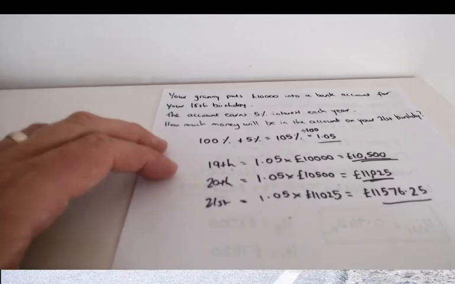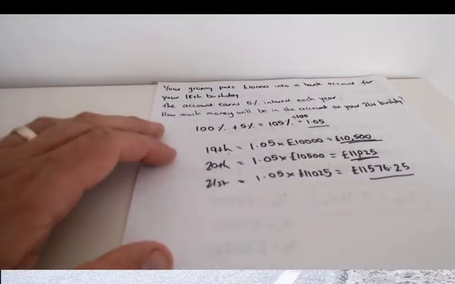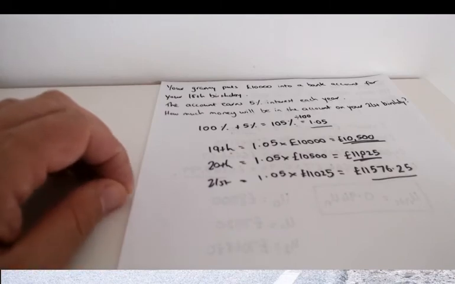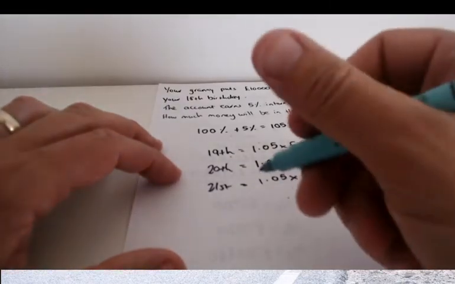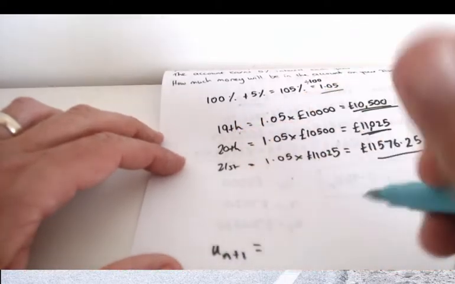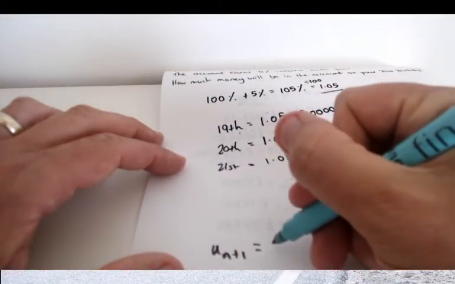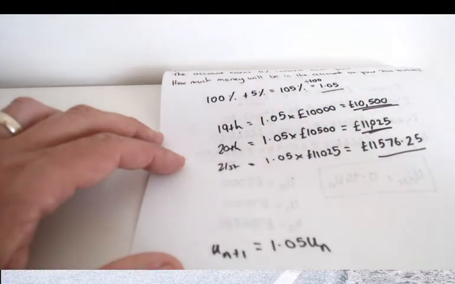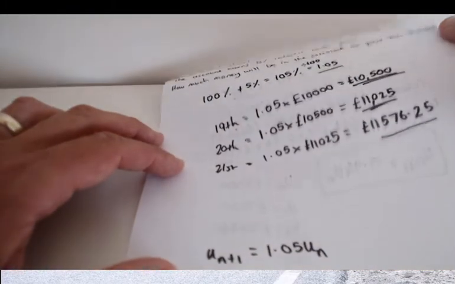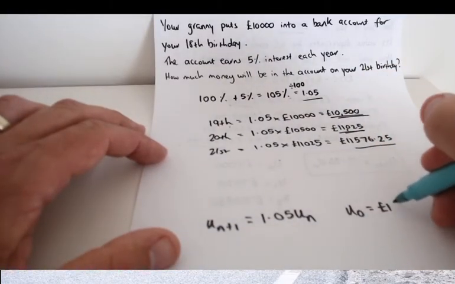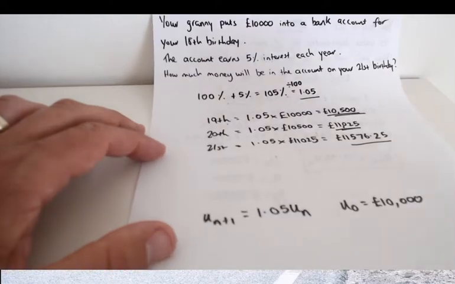Now, in terms of recurrence relations, in terms of what we're doing at higher level, I'm going to write out what this recurrence relation would look like. For this example, U(n+1), my next answer, is 1.05 times U(n), which is my last answer. I can say that U0, the initial amount, was £10,000.